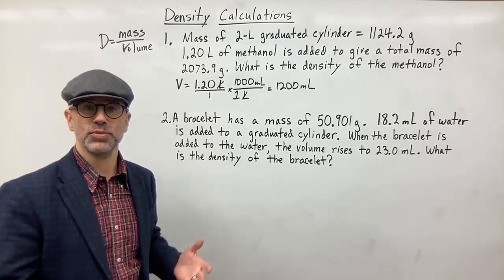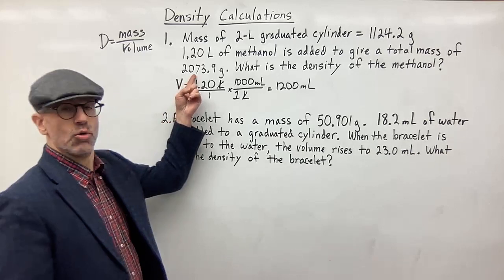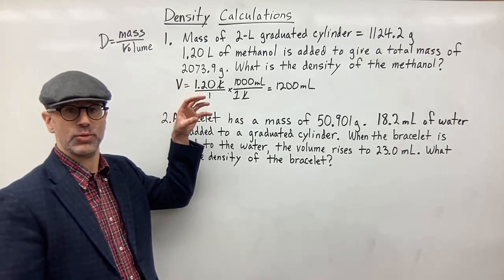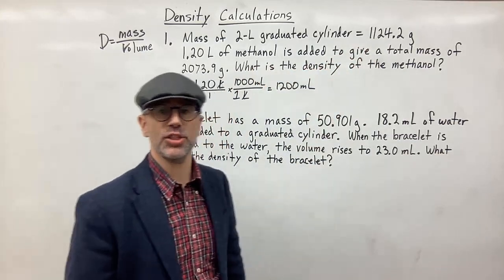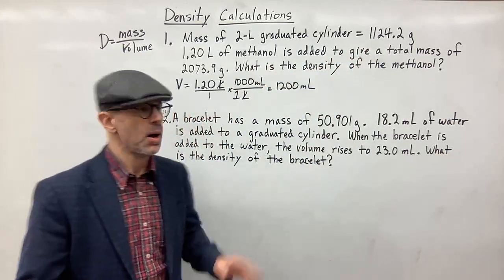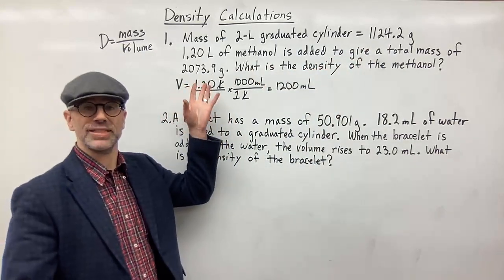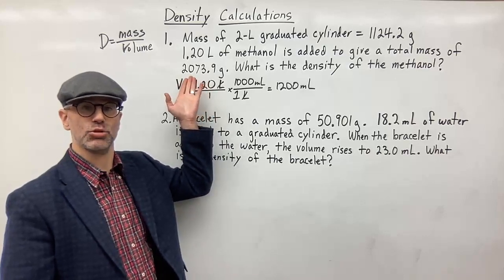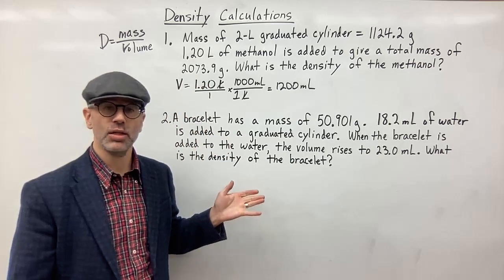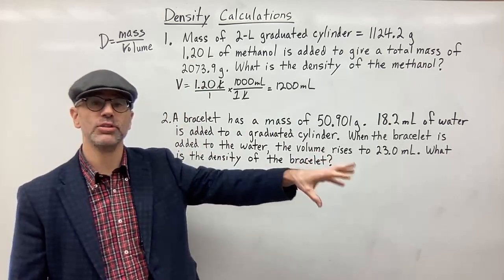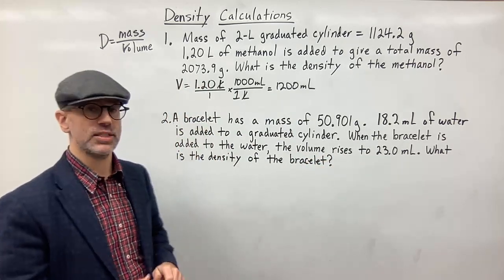We're going to have to do some subtraction, because when we added the methanol to the graduated cylinder, we know that the graduated cylinder itself is 1,124.2 grams, but the total of the graduated cylinder with the methanol in it is 2,073.9 grams. We just want the mass of the methanol, so we need to subtract out the mass of the graduated cylinder.